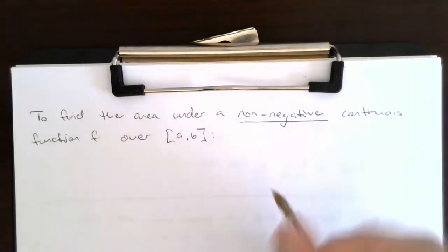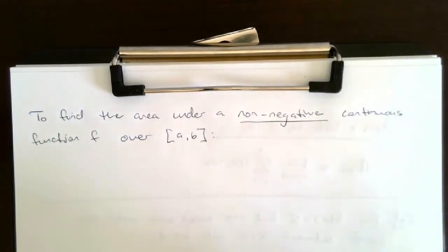When I say non-negative, I'm really saying that the y values are all 0 or positive, so it's all above the axis. In other words, all above the x-axis. This is what I mean about non-negative, right? A closed interval from a to b, you know, those are the endpoints.